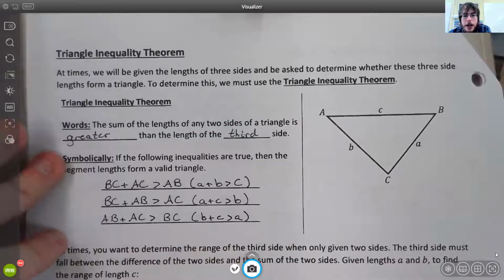Okay? Now, I'm going to show you the long way to do it, but there is a shorter way to do it, okay? And it should become very apparent when we start doing the examples why this is true, but we'll talk about that in just a minute, okay?